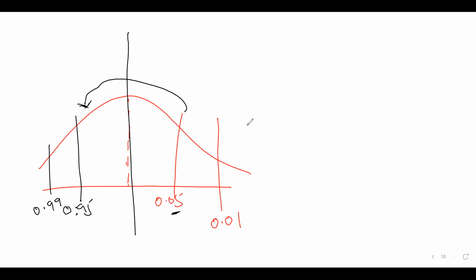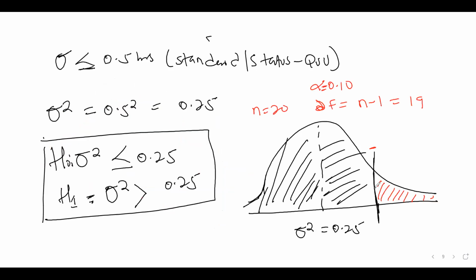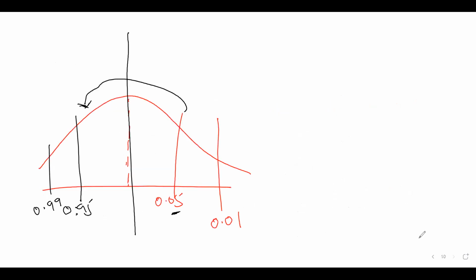Here, because our graph will have to be read in the positive zone and alpha is 0.10, we are just going to read 0.10 from the chi-square table. If we needed to read it from the negative zone and alpha is 0.10, we would read 0.90 because of the mirror issue.